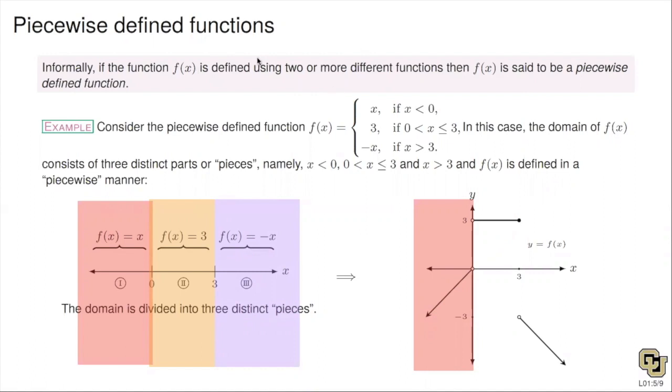And here, this portion you can see is exactly the graph of y equal to 3 for this middle piece. And finally, for this third piece here, this is exactly the graph of y equal to negative x. But I don't want the entire graph. I just want that portion of negative x from 3 onwards.